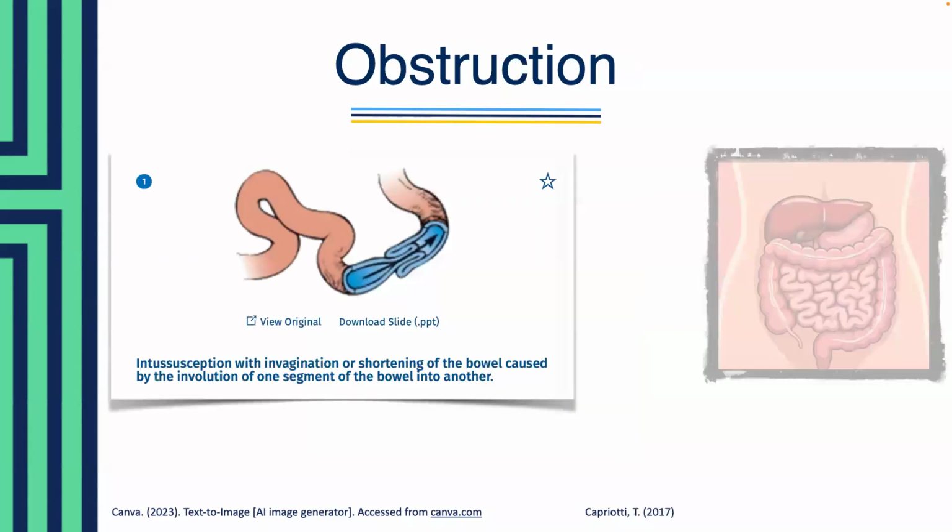All right, next we're going to look at bowel obstructions. There are different types of bowel obstructions, and the first one is intestinal obstruction. In intestinal obstruction, we see edema of the intestinal wall that occurs due to decreased venous return.